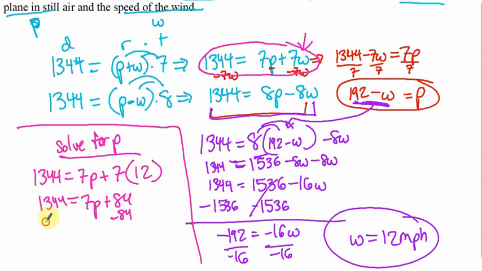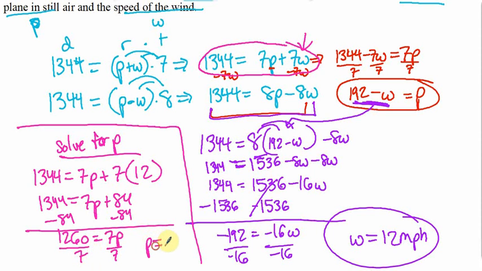Then we subtract 84 from both sides. 1260 equals 7p. If we divide both sides by 7, we get p equals 180 miles an hour. Not a very fast moving plane, but that's okay. It makes sense that the plane is going pretty quick if it's covering 1,300 miles in only 7 hours. So that's how you would set up an equation like that. Definitely more of a challenge, but hopefully the procedure made sense.